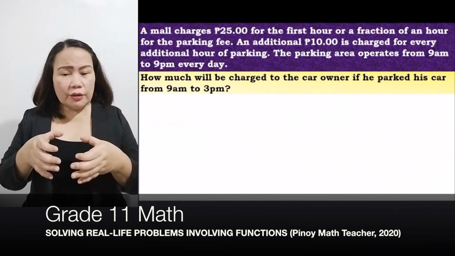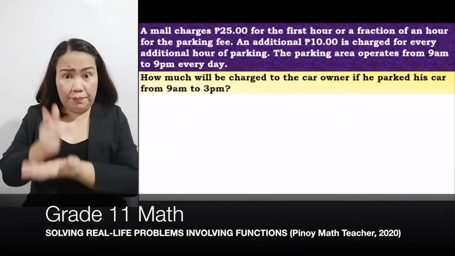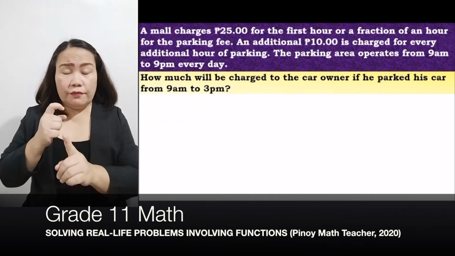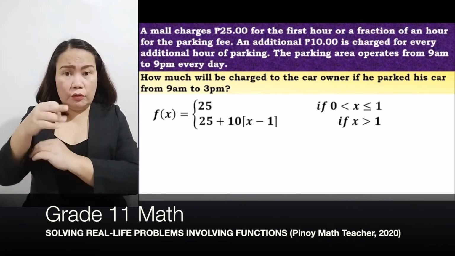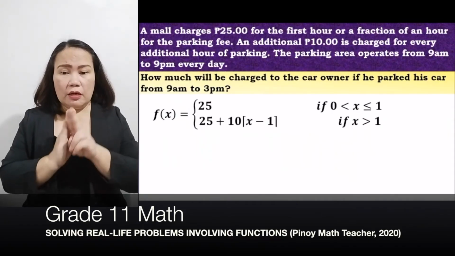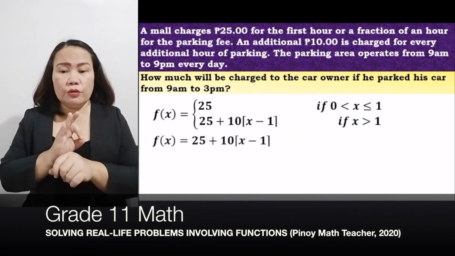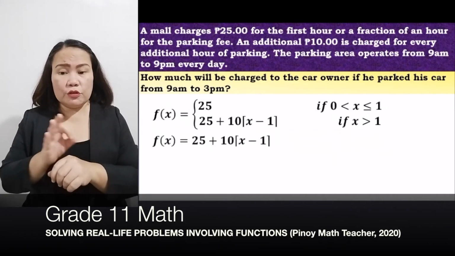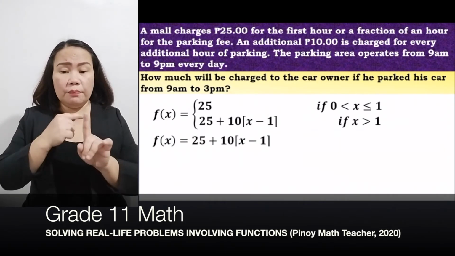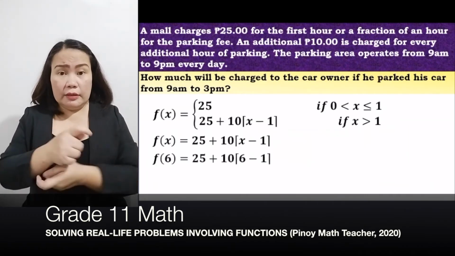How much will be charged to the car owner if he parked his car from 9 a.m. to 3 p.m.? So from 9 to 3, that is 6 hours. Okay, x is 6 and 6 is greater than 1. So ibig sabihin ang gagamitin nating function ay f of x equals 25 plus 10 times x minus 1. Replace all x's by 6.